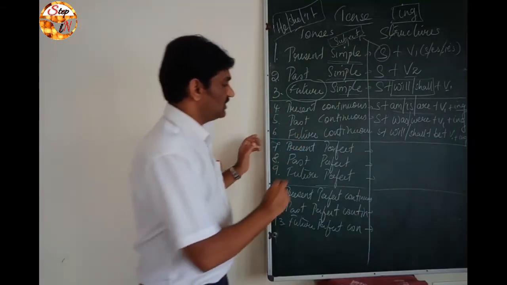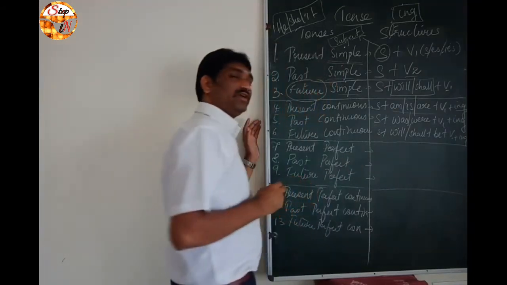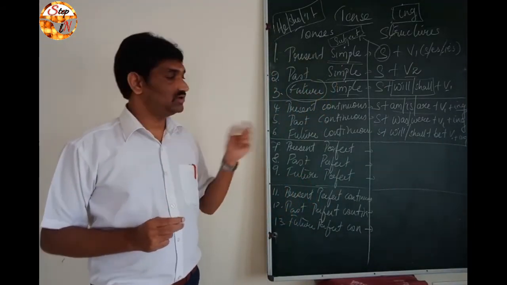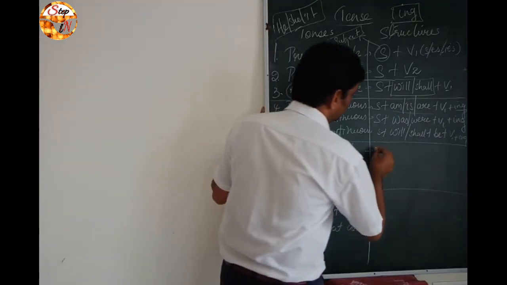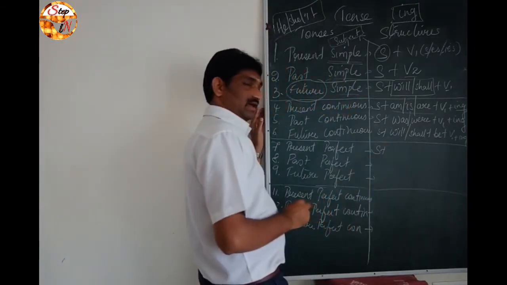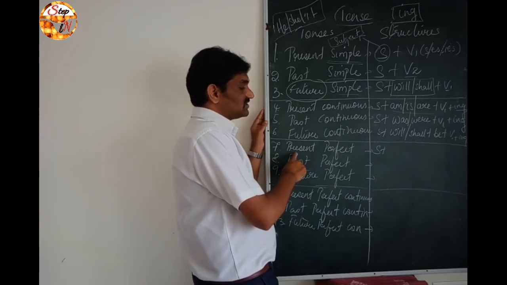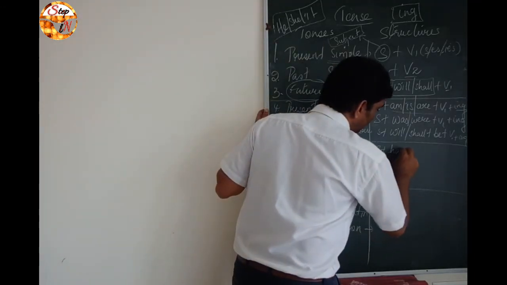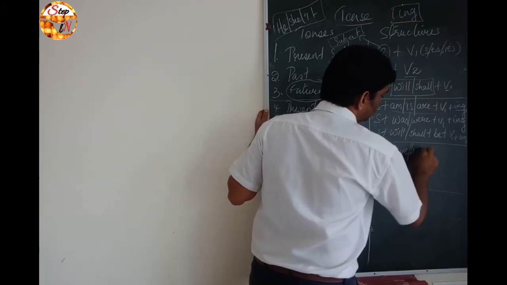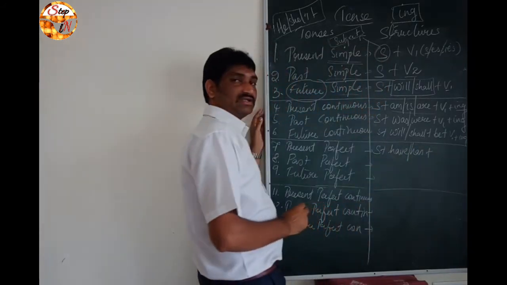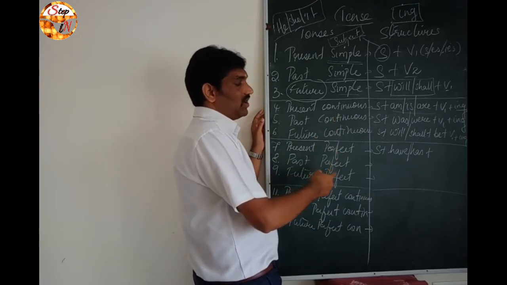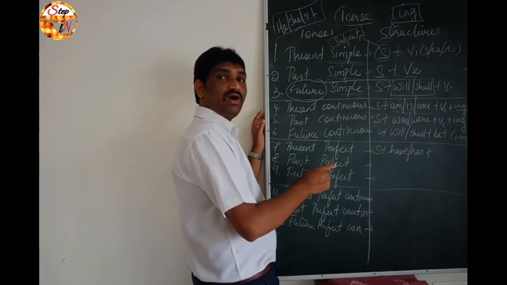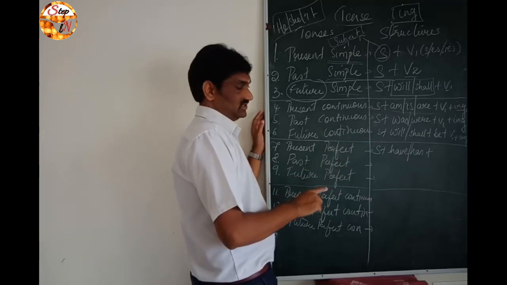The next one is present perfect. In the perfect tense we have to have the word have form verbs. So now I will write the structure so that it will be easy for you. Subject plus have or has, depending on the person used in the sentence, the subject.